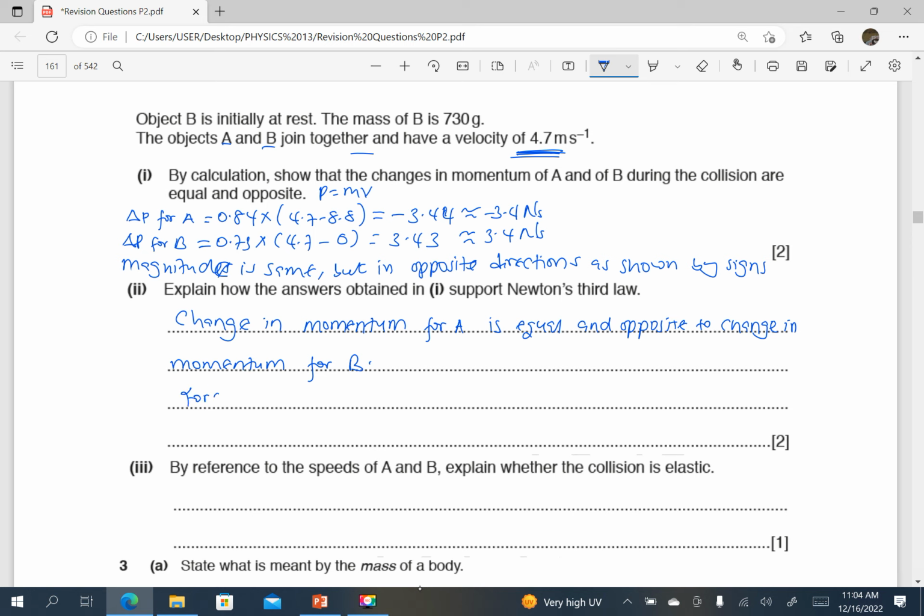Force is the rate of change of momentum, or change in momentum over time. And remember, when they come into contact, the time of collision is the same.